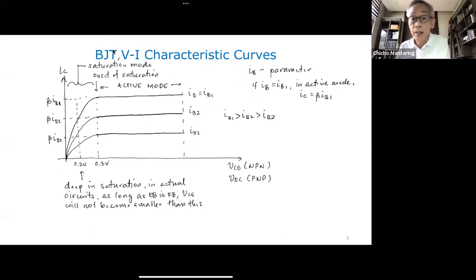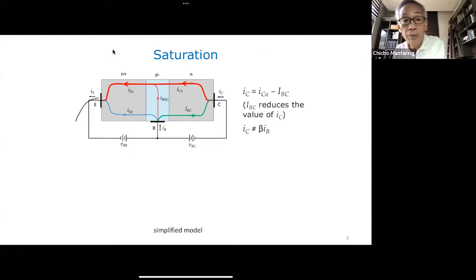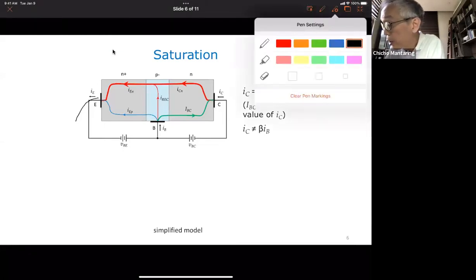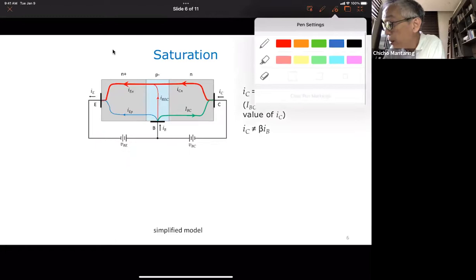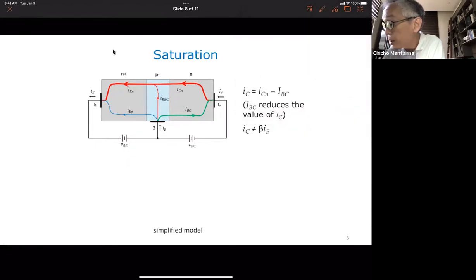Okay, the question is this. Why does the collector current reduce when you go into saturation? Bakit bumababa yung collector current kapag nasa saturation na tayo? So I'm going to make reference to this figure, which is what we used.